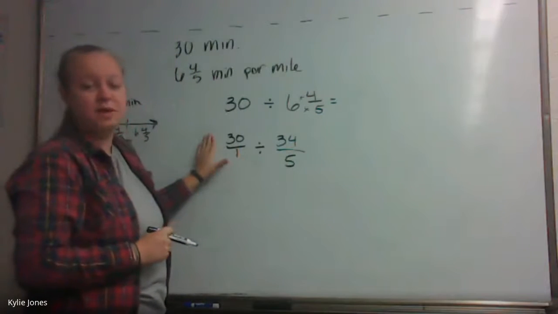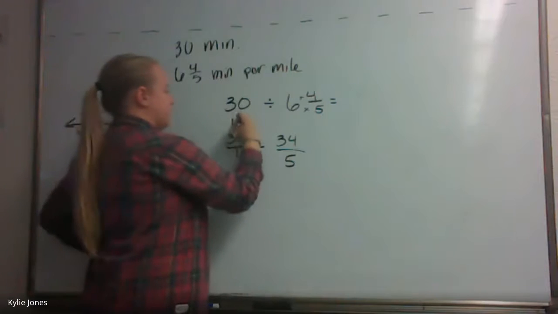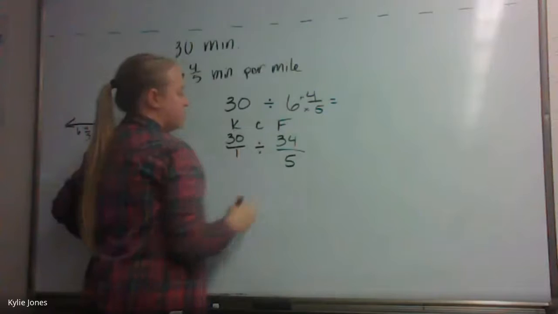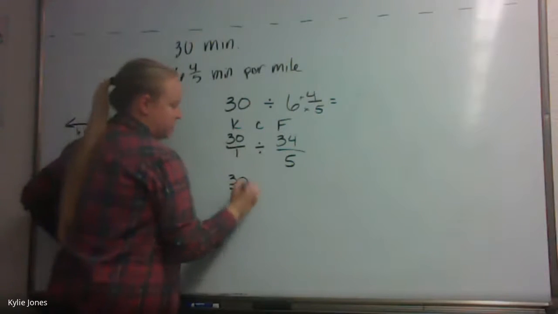Now that we have improper fractions, how do I do my division? You have to get rid of the division. You have to flip 34 over 5. Good. So we're going to do our KCF, right? Keep, change, flip. We're going to keep 30 over 1. Change division to what?